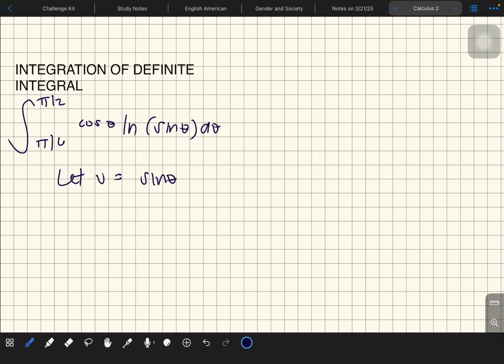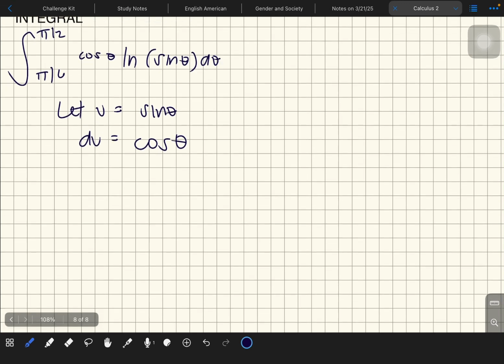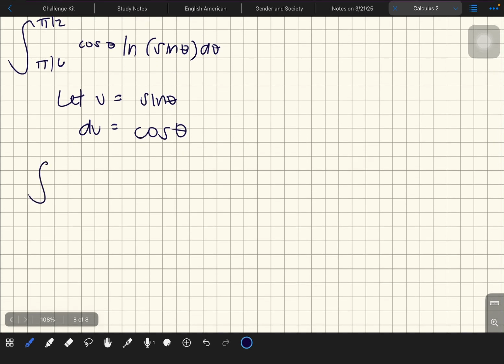So our du is equal to cosine theta d theta. So now we can reform that as integral of ln u du, from sine pi over 6 to sine pi over 2.